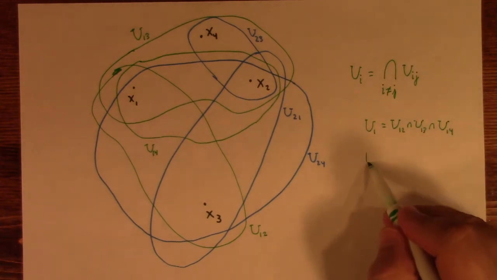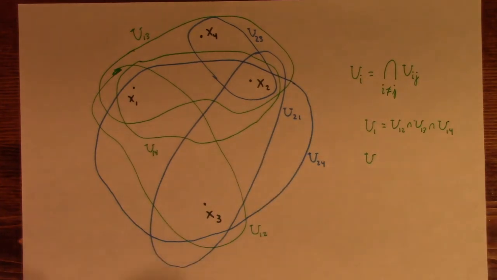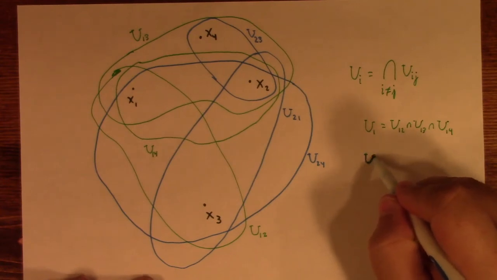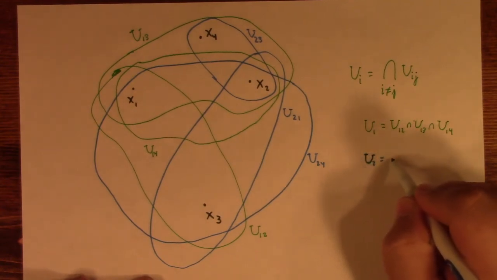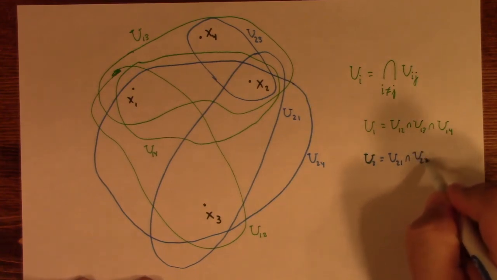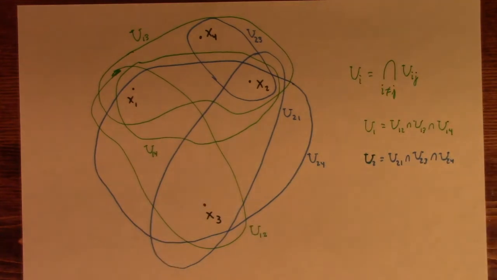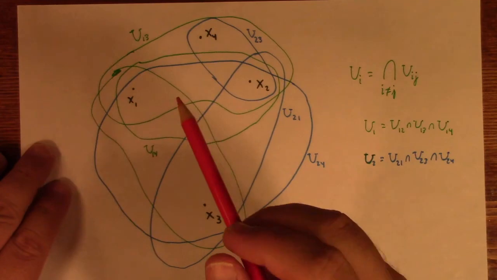Or U2, let me do the 2 in blue. U2 would be U21 intersect U23 intersect U24. Fine. So that intersection I think I could illustrate.